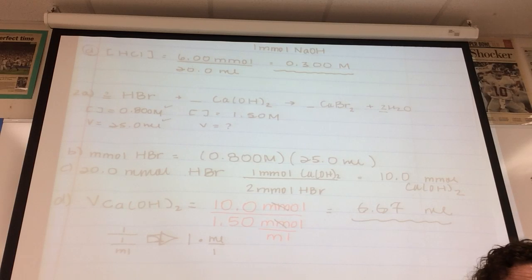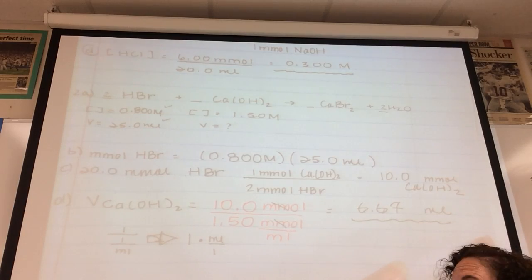I have one more problem I'd like to walk through with you. This one, at least for the neutralization reaction, is much trickier than anything I'd give you, but there's some relevant chemistry here in household objects, so I think it is a good example.